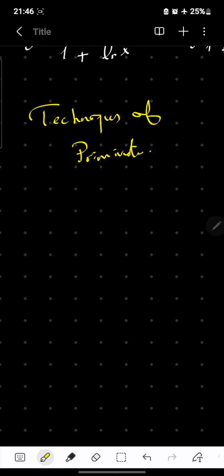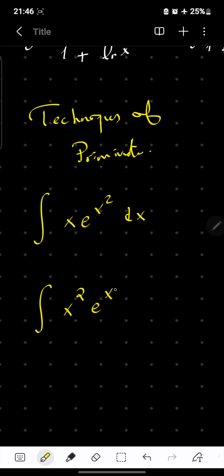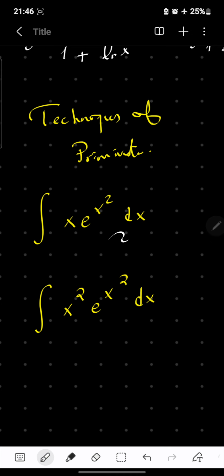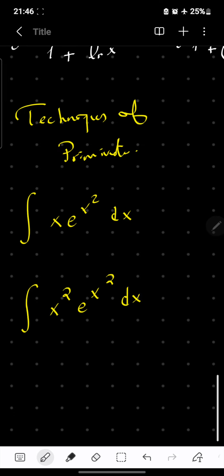Now, what if we have this example? Integral of x e power x squared dx, and this example, x squared e power x squared dx. How do we solve these two examples? The first one is very easy and you should know its solution, but the second one is not easy for you for the moment.